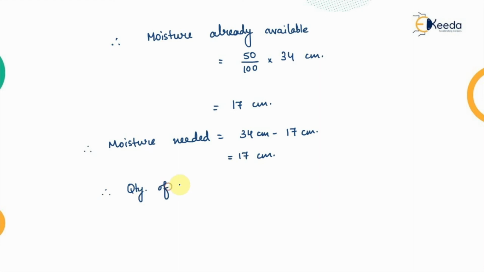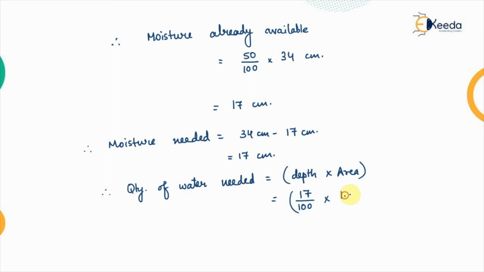Therefore the quantity of water which is needed will be equal to the depth into area. Only then you will be able to calculate the volume of the water. So we know the depth of the water is 17 centimeter. Converting that into meter, it has to be divided by 100, into the area.